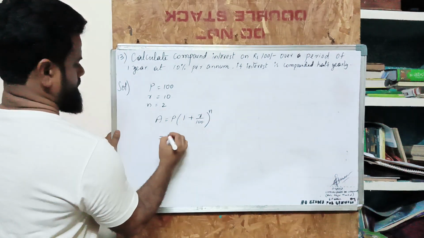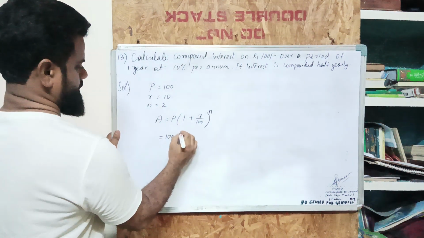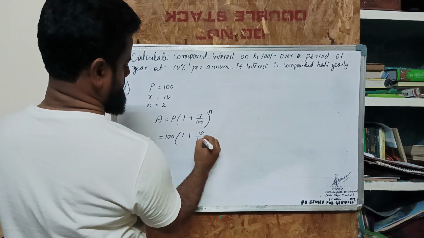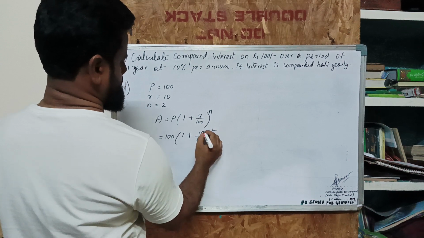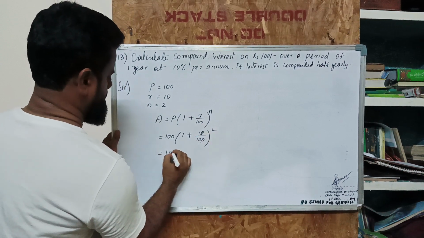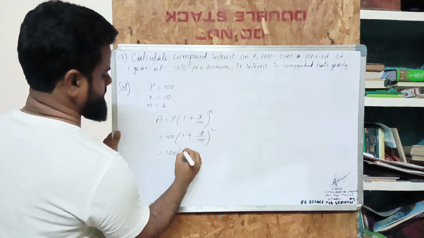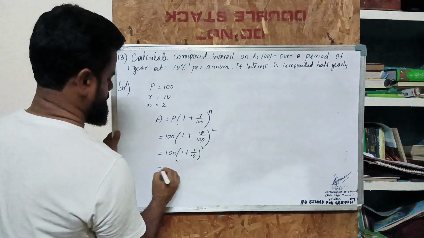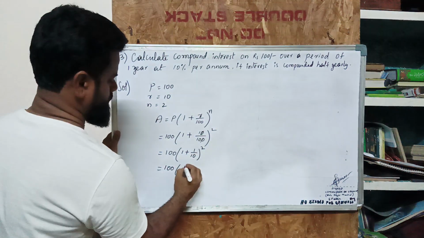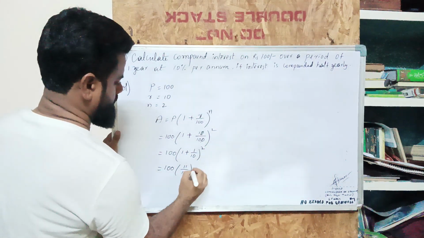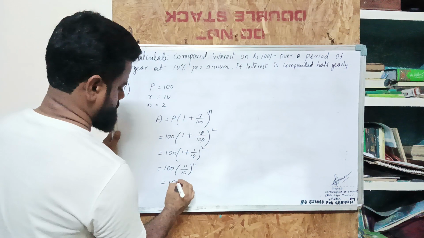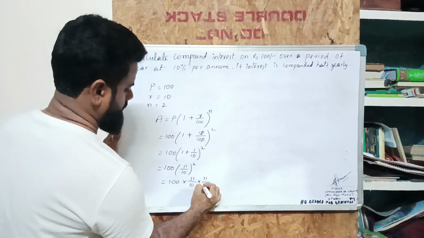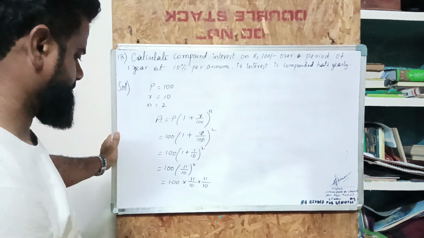n. So P is 100 into 1 plus 10 by 100 to the power of 2, zeros cancel. 100 into, if you take the LCM, this is 1 plus 1 by 10 to the power of 2. So 100 into 11 by 10 whole square. So 100 into 11 by 10 into 11 by 10.